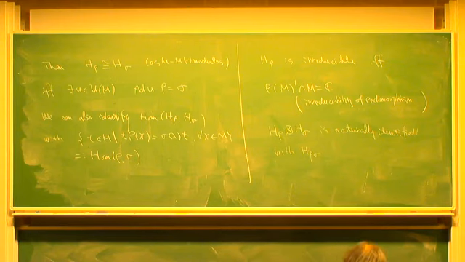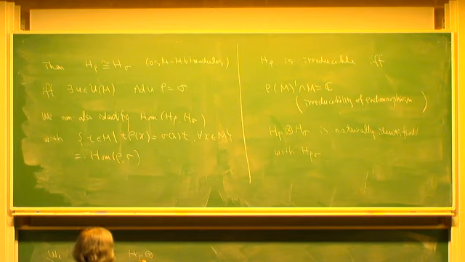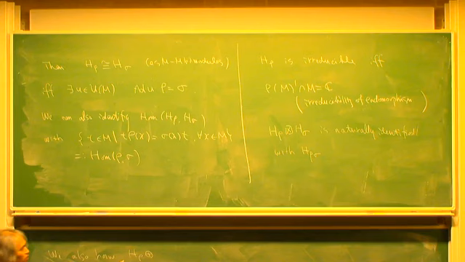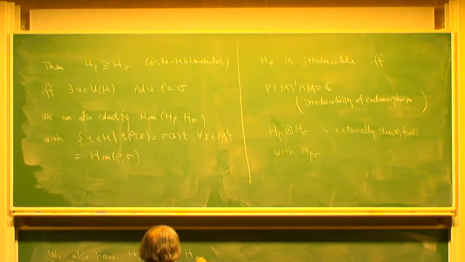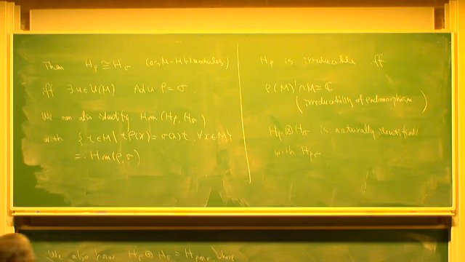So we also have for H_rho plus H_sigma, this is a direct sum of M-M bimodules, which is naturally identified with this one. So rho direct sum sigma is a new endomorphism.